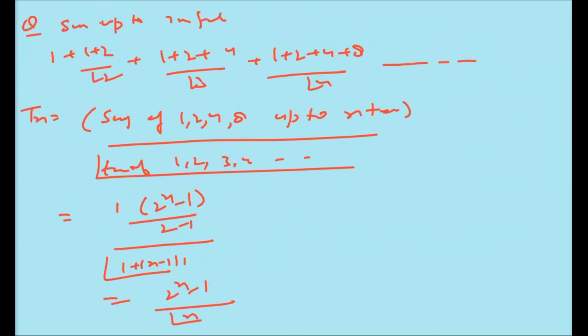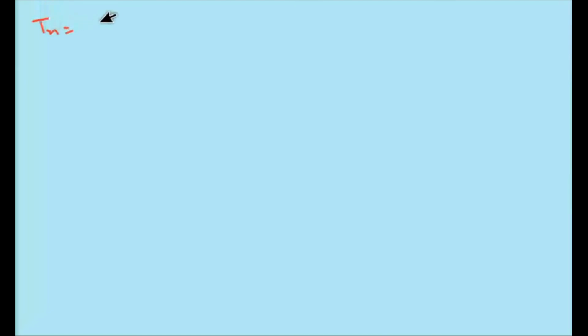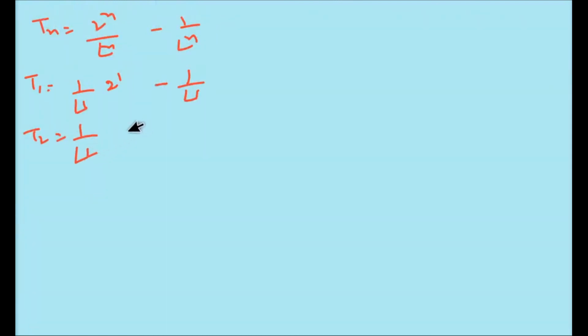We can find tn equal to (2 to the power n minus 1) upon factorial n. So we get t1 equal to 1 upon factorial 1, t2 equal to 2 to the power 2 upon factorial 2, t3 equal to 3 to the power 3 upon factorial 3, and so on.